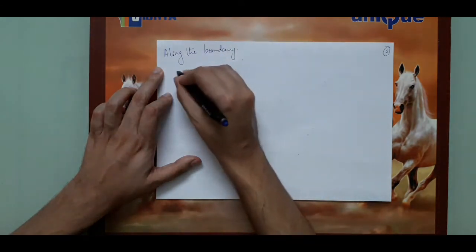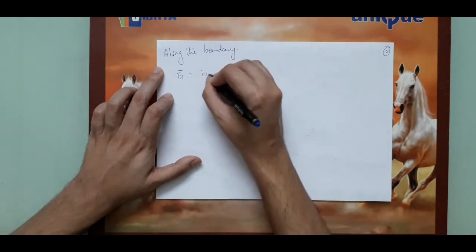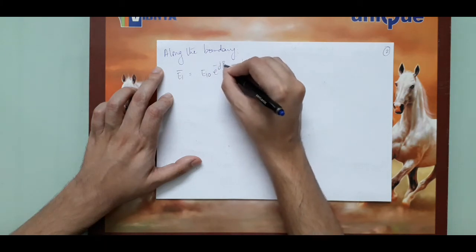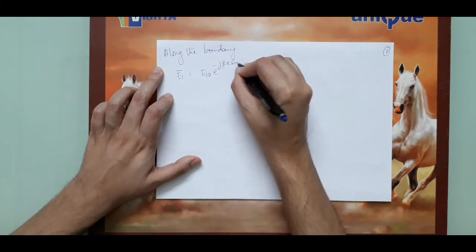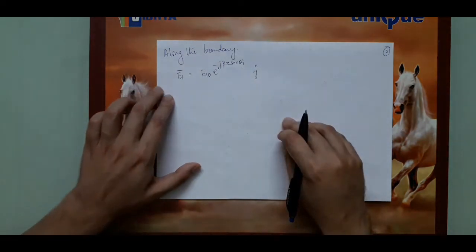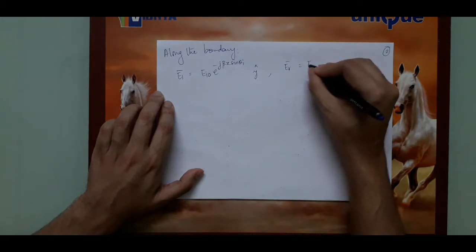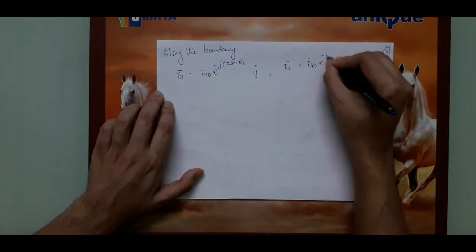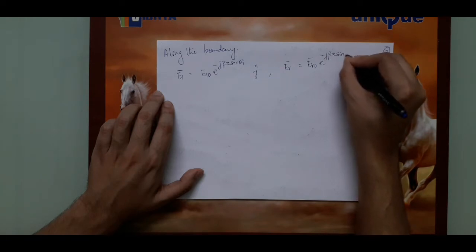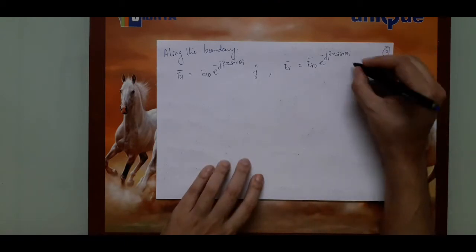I can write EI bar is EI0 e raised to minus j beta x sine theta I y cap, and the ER vector will be ER0 e raised to minus j beta x sine theta I and y cap obviously.